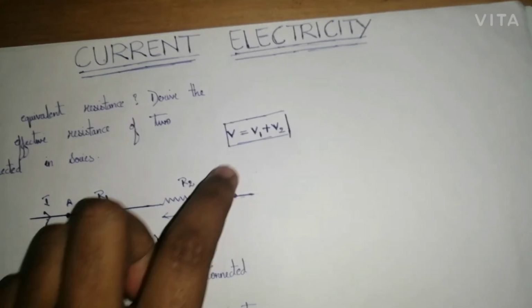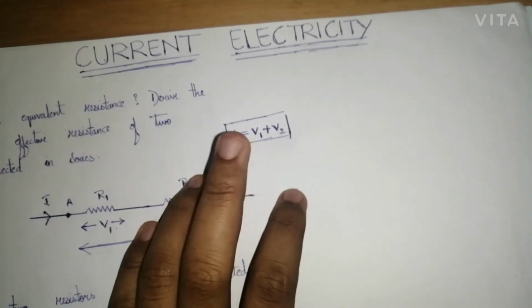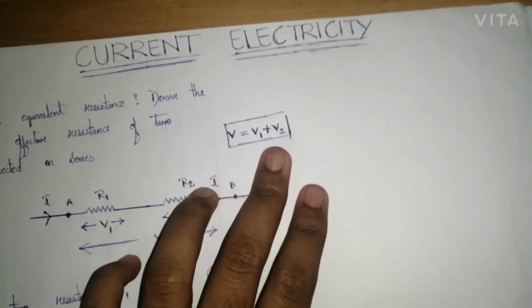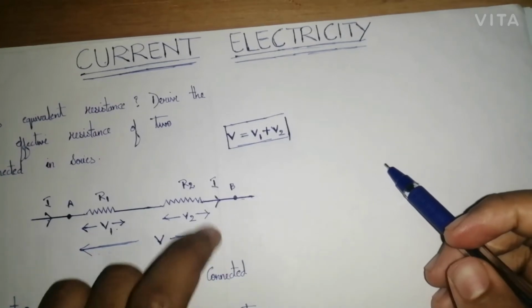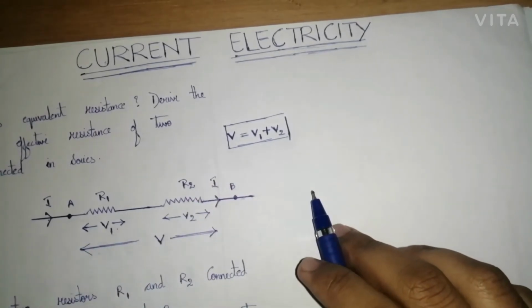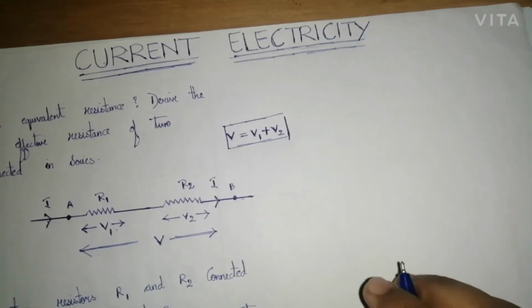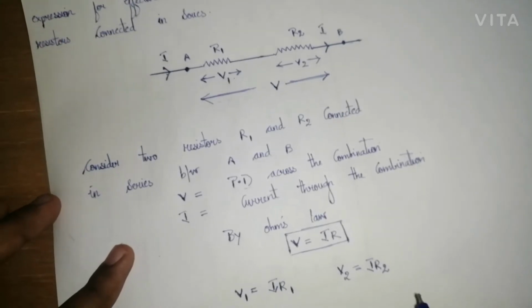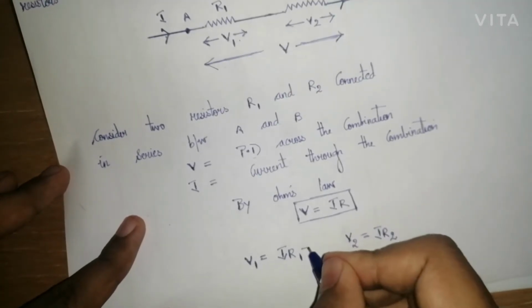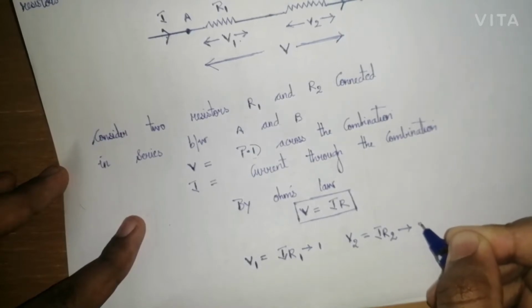As I have already told you, for series you should remember V is equal to V1 plus V2. I have told you why. If you haven't understood, please rewind the video. I have explained clearly why V is equal to V1 plus V2. So take this as equation 1 and this as equation 2.